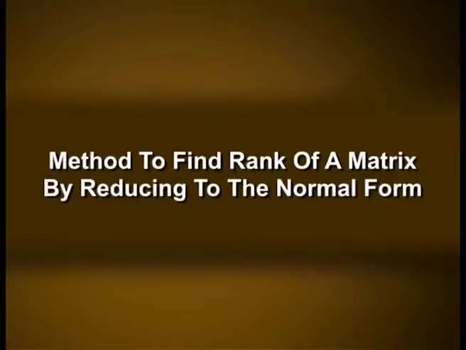Method to find the rank of a matrix by reducing to the normal form. We use the following theorem in the determination of rank of a matrix using normal form. Theorem 3. If an m by n matrix A can be reduced to any one of the forms [Ir 0; 0 0], [Ir 0], [Ir; 0], [Ir] by a finite sequence of elementary transformations, then the rank of A is r.